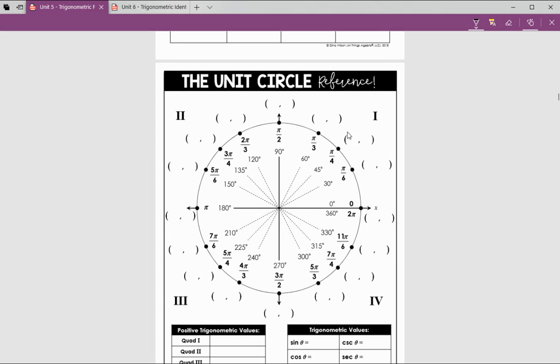Okay. All right. So this is a unit circle. What we spent our time doing yesterday was we were talking about degrees and radians. So in the inner part of the circle, you have all the degree values. And most of these are related back to the 30, 60, 90 degree triangle, 45, 45, 90 degree triangle.